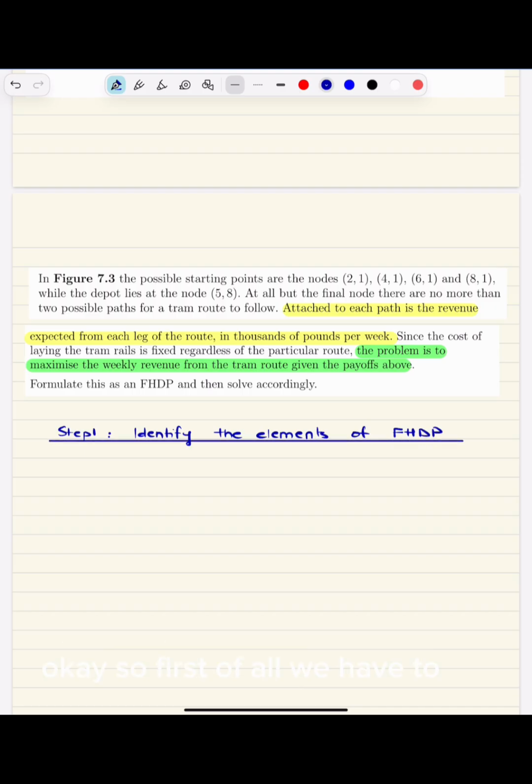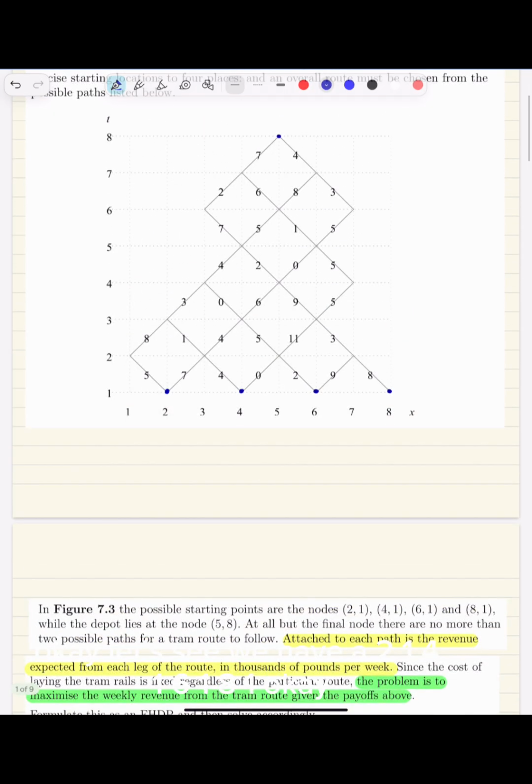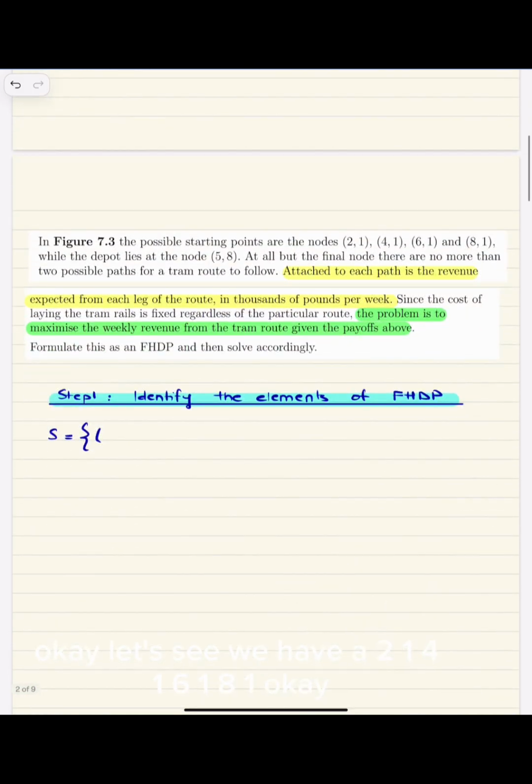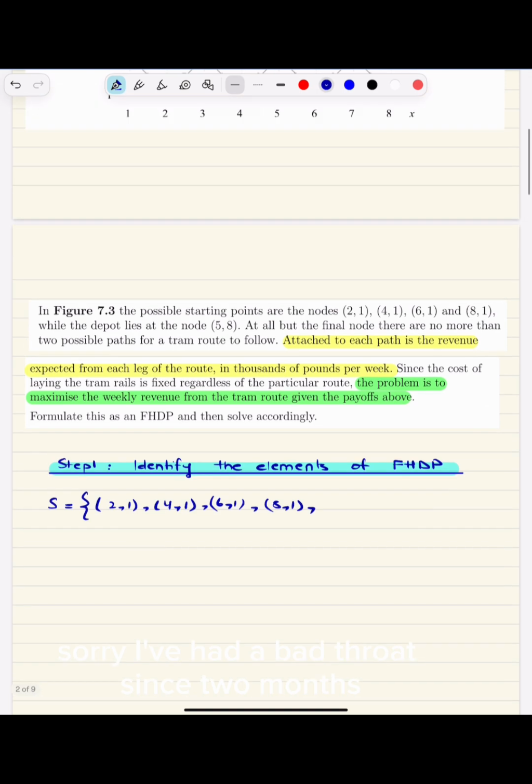Okay, so first of all, we have to state all the states that are available, given by the set S. Okay, let's see. We have 2,1, 4,1, 6,1, 8,1. Sorry, I have had a bad throat since 2 months.